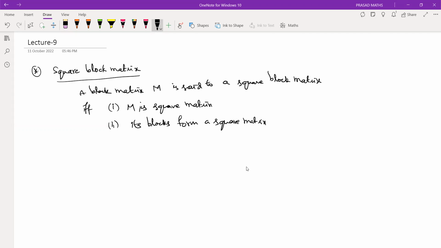That means the number of horizontal lines is equal to the number of vertical lines.